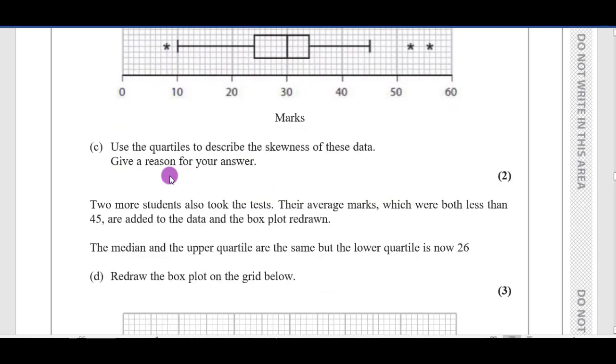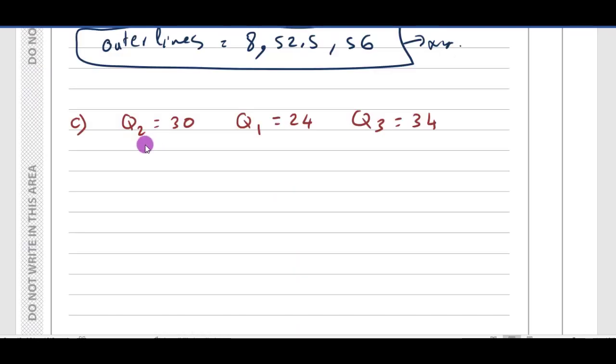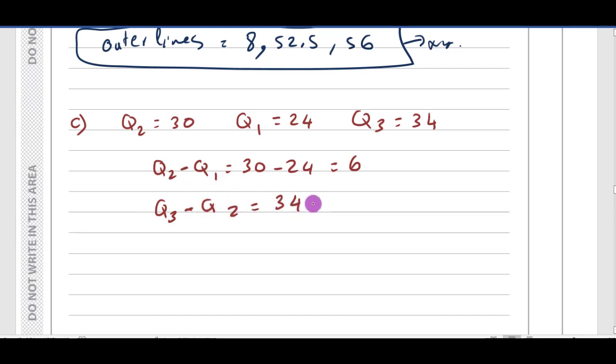Now use quartiles to describe the skewness of this data. Give a reason for your answer. This is the data we have. The median, which is Q2, is equal to 30, Q1, the lower quartile, is equal to 24, and Q3, the upper quartile, is equal to 34. As we know, Q2 minus Q1 is equal to 30 minus 24, which is equal to 6, and Q3 minus Q2 is equal to 34 minus 30, which is equal to 4.